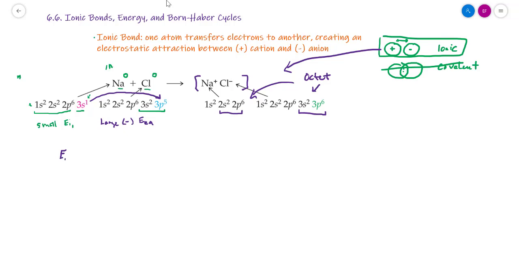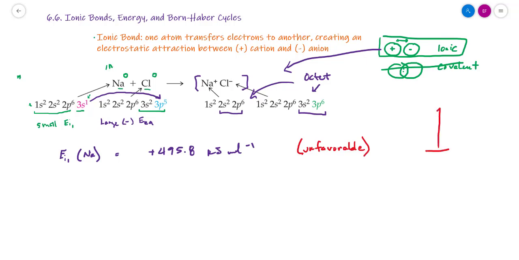Let's say that the first ionization energy for sodium is plus 495.8 kilojoules per mole. Is that favorable or unfavorable to add energy to a system? That's unfavorable, right? We're taking a system and adding energy to it to get to a higher state. That's not something the universe really wants to do naturally, so we as humans have to put that energy in to get it to occur.